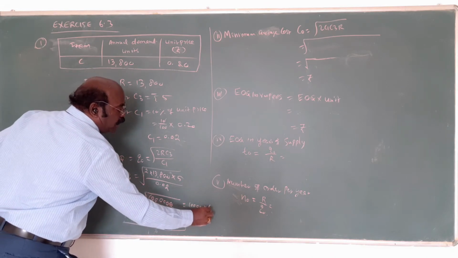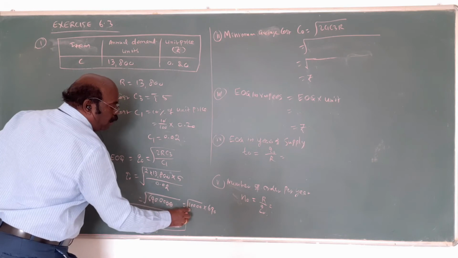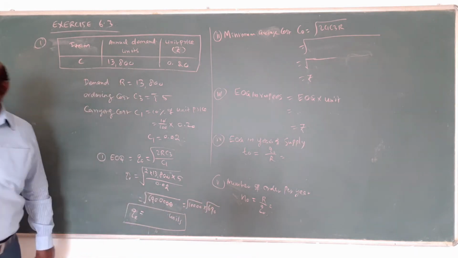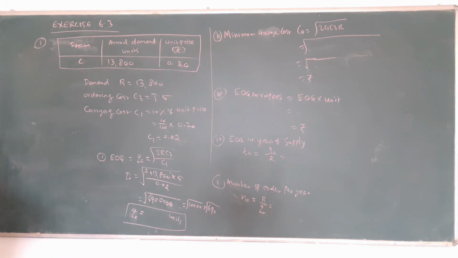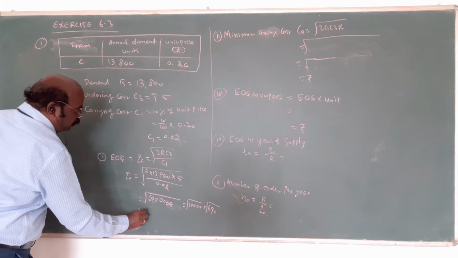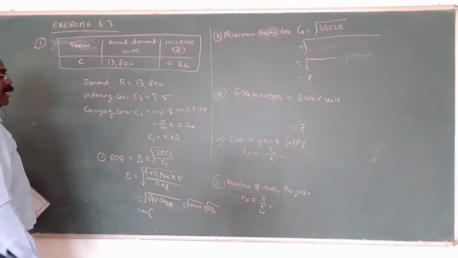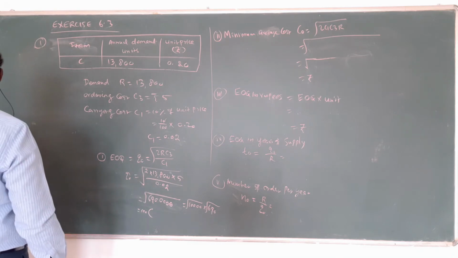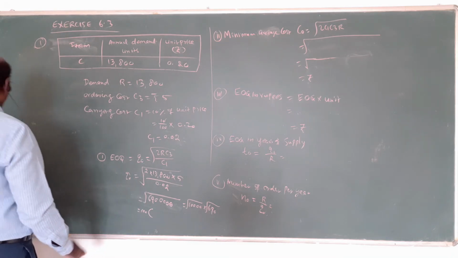40 into 690, or square root of 140, square root of 1. Square root of 140 means 100 comes out. Am I right? 100 into square root of 690. By using the calculator, the square root of 690 is 26.278.